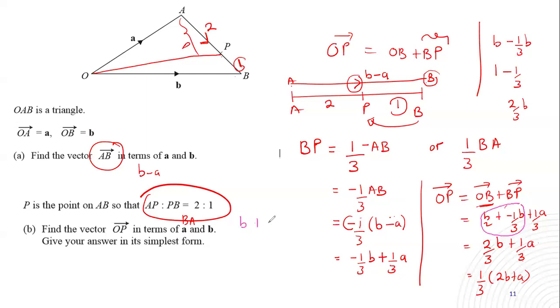I have B plus negative a third B. Now, when you look at this B, there is a hidden coefficient of 1 here. Are you seeing it? Yes. So this one here and this negative a third here, I can deal with them. Because when you look here, B and B is common.